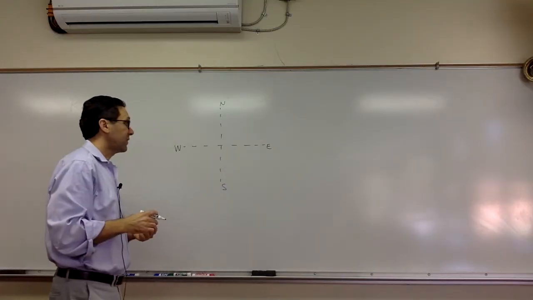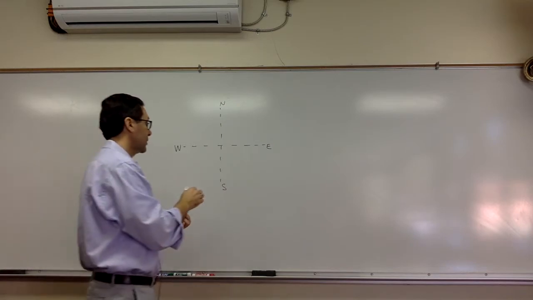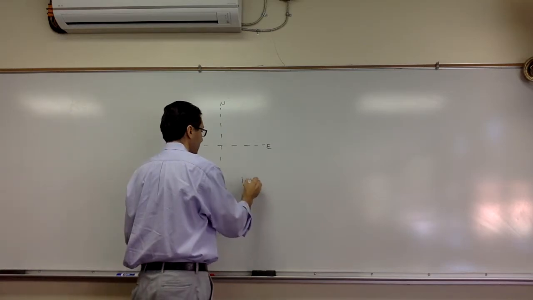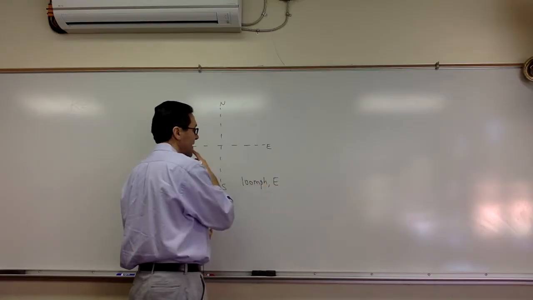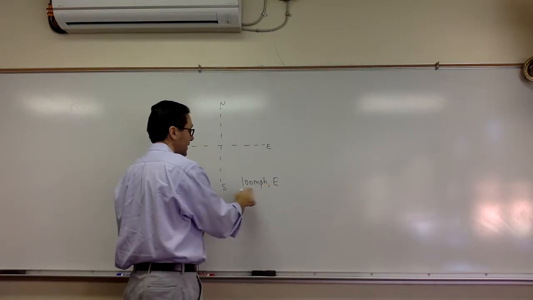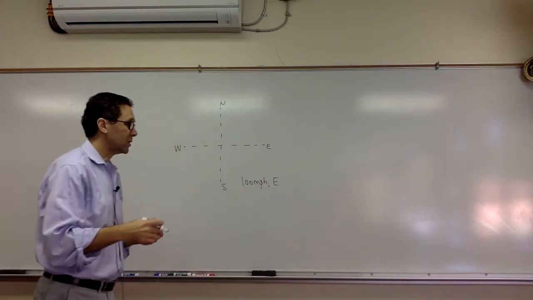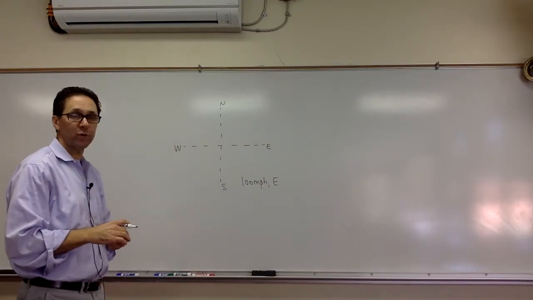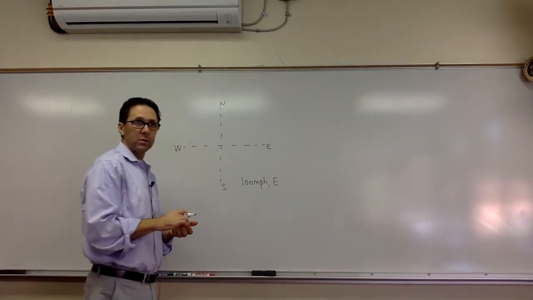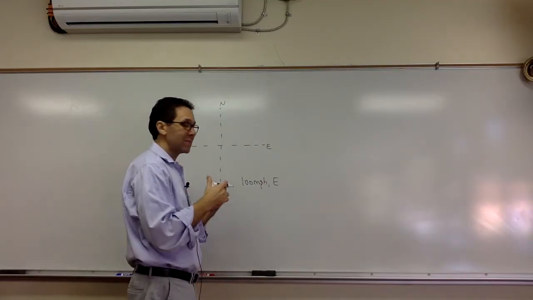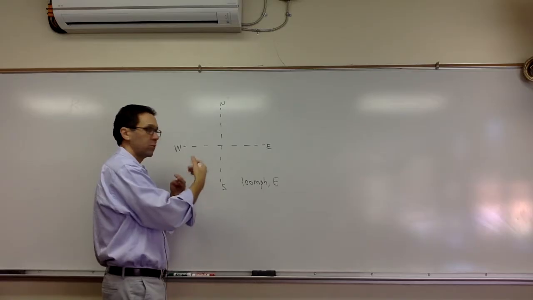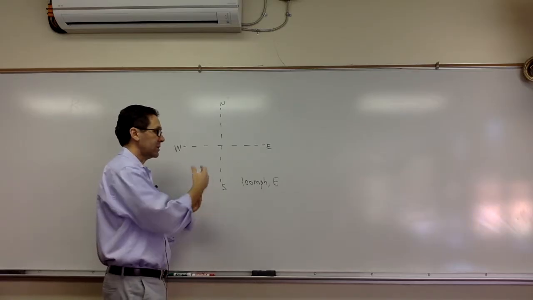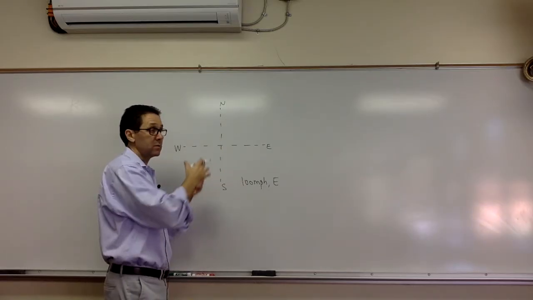And we also have to define a scale, because if I say that I'm going at 100 miles per hour, let's say east, right? Well, I have to decide how I'm going to represent 100 miles per hour on paper. So you have to do a reasonable scale that will fit on paper. My scale on the board will be different than yours on paper because I have a bigger size board.